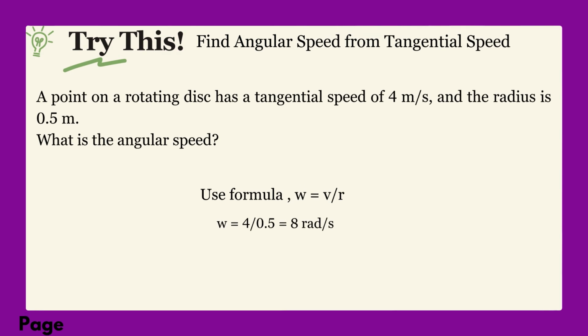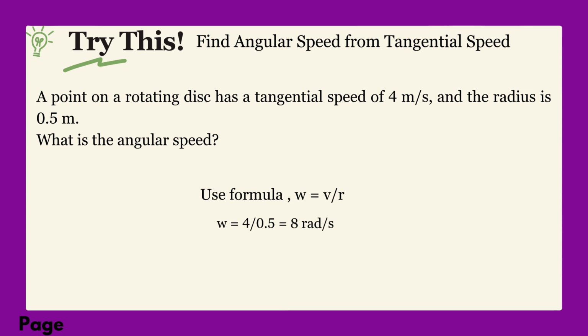Now, let's try another quick example together. We are given a point on a rotating disc that has a tangential speed of 4 meters per second, and the radius of the disc is 0.5 meters. We need to find the angular speed, which is how fast the object is rotating, measured in radians per second.